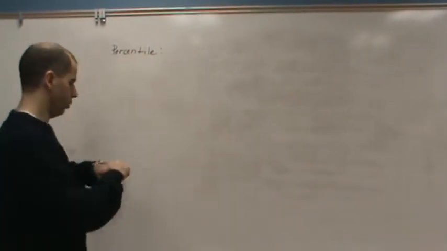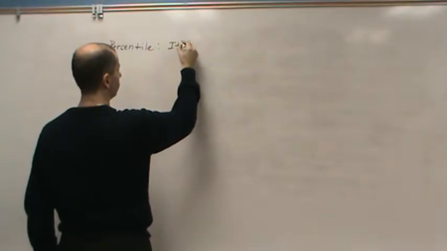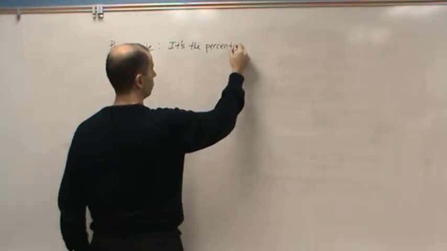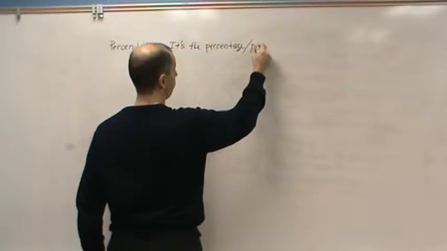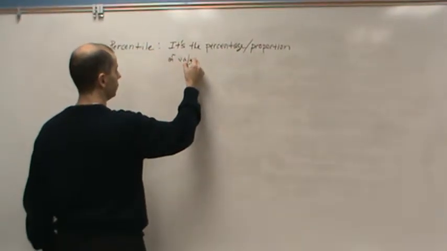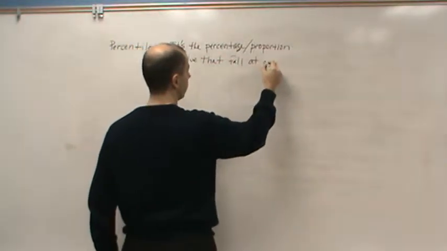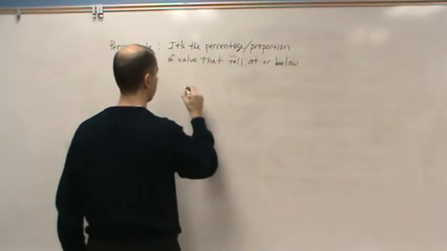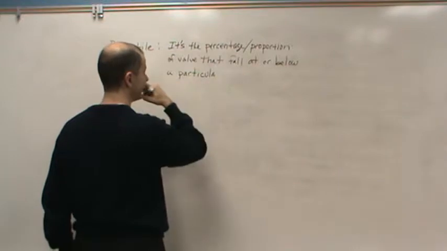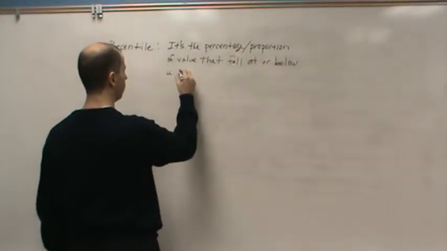So what is it? It's the percentage or proportion of values that fall at or below a given value.